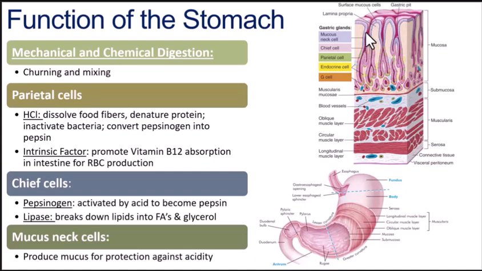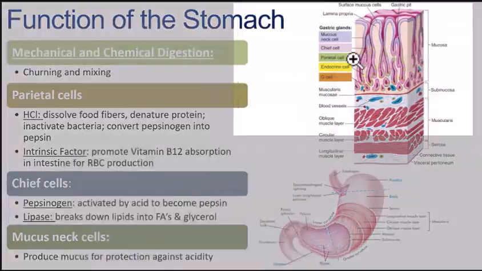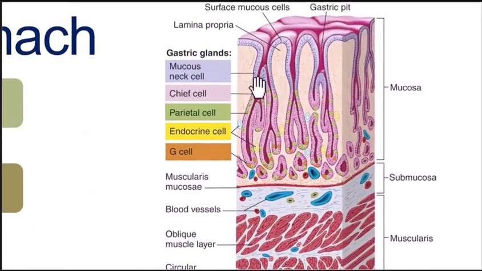So we move into the pit and we can see all these cells here. I'll zoom in for a moment so you can see it a little clearer. These glands are made up of cells, and they produce very specific substances depending on which gland we're referring to.